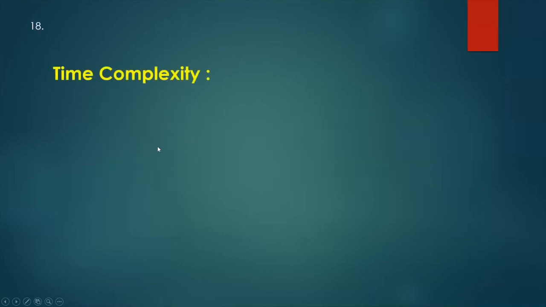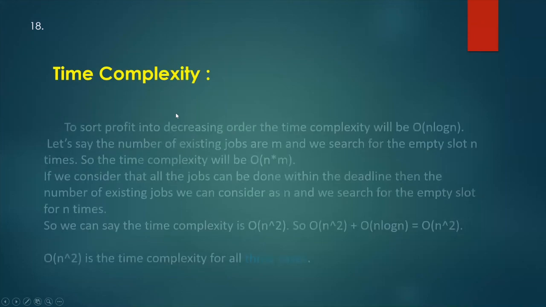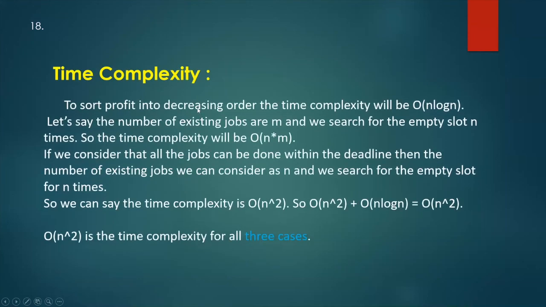So let's analyze the time complexity. When we sort in descending order, the time complexity will be n log n. Let's say the existing jobs are m, and we are searching for an empty slot n times. So the time complexity will be order of n times m.